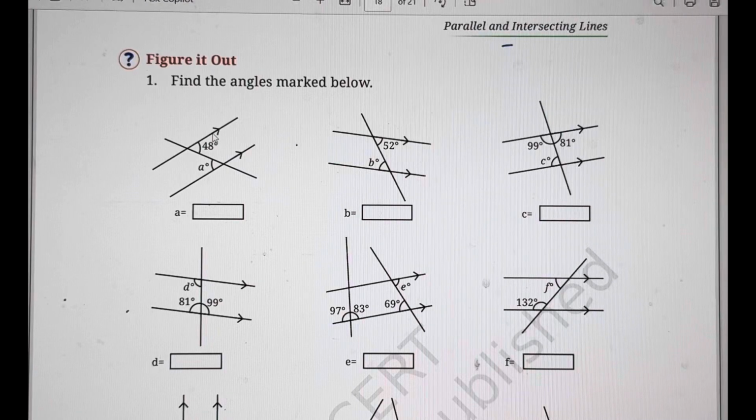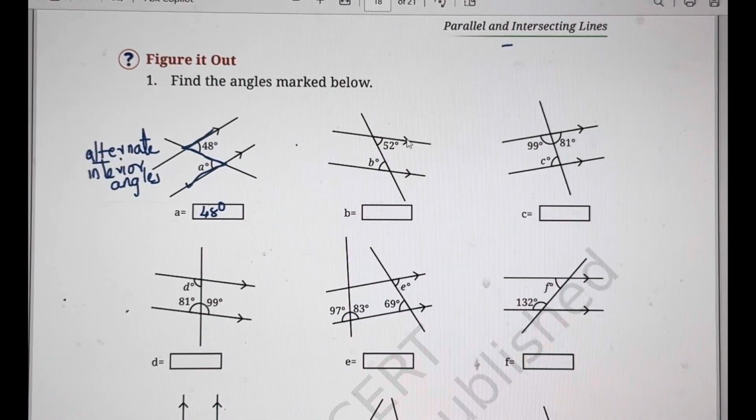You can see we need to find out A, and 48 is given, so you can see a Z is being formed. So they are alternate interior angles, which means A will also be 48 degrees. You can write down the reason: alternate interior angles. Correct. Now let us see the second figure.